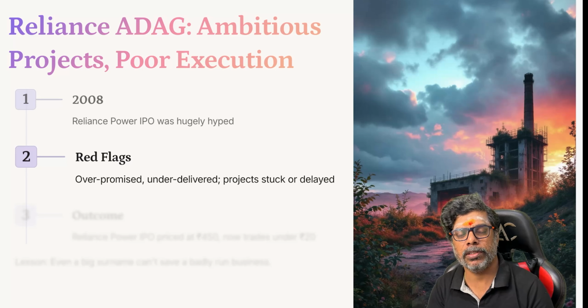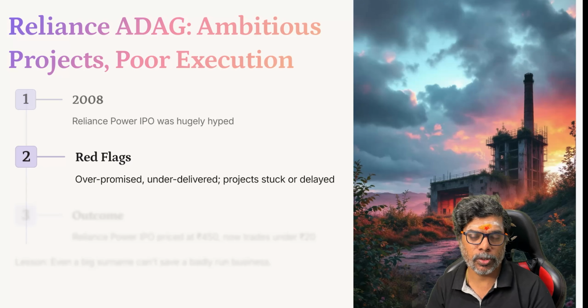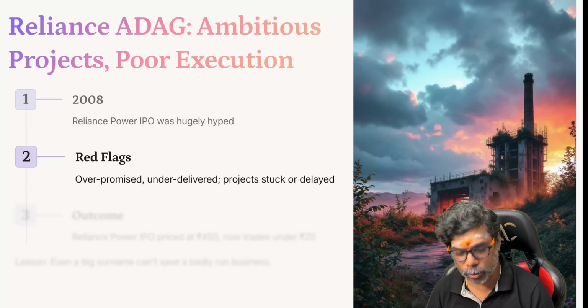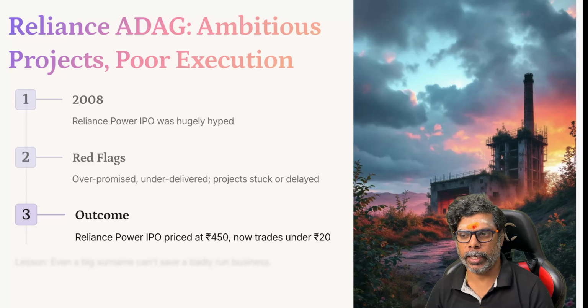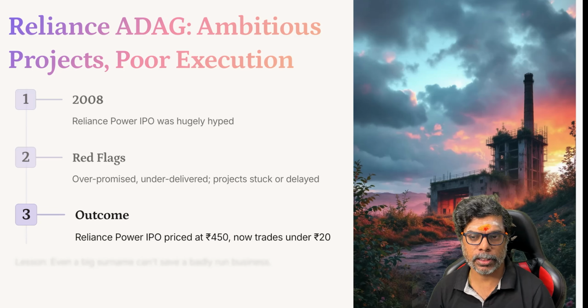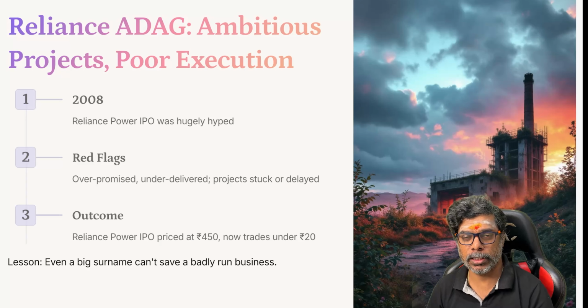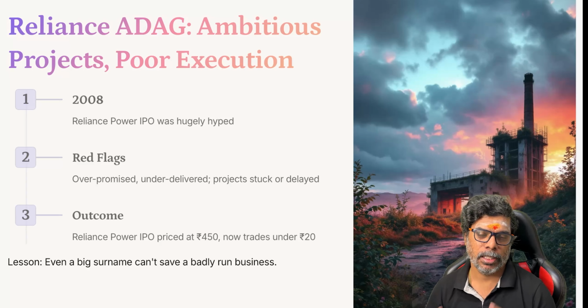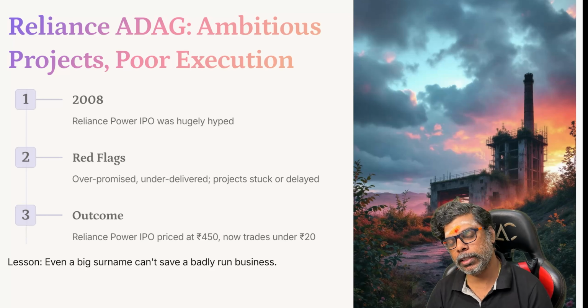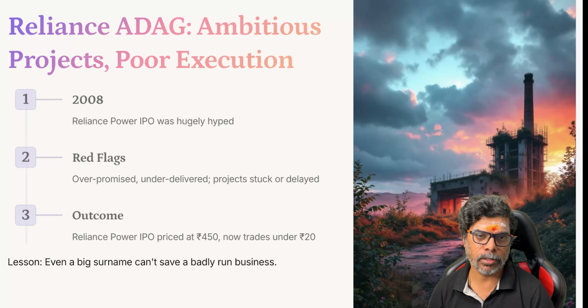A business will start giving revenue only after 5 years, 10 years later. So he took those kinds of projects and lots of loans, and he couldn't pay. At the end of the day, same as Yes Bank, from 450 it went to 20 rupees, and investors lost a lot of money. Even though he came from a very good business family, that couldn't save his business, right? So that is another good example you need to understand.